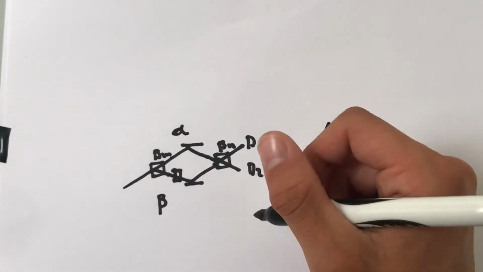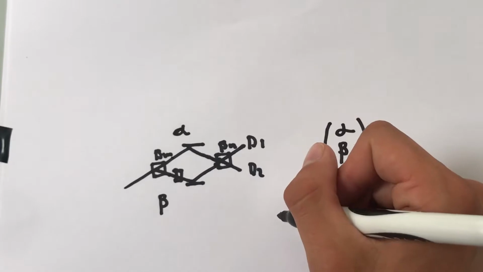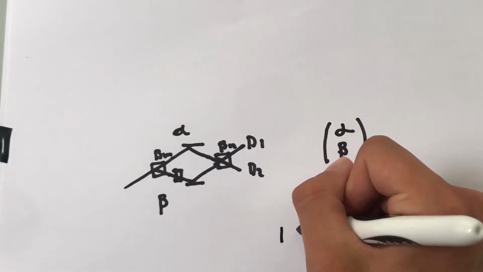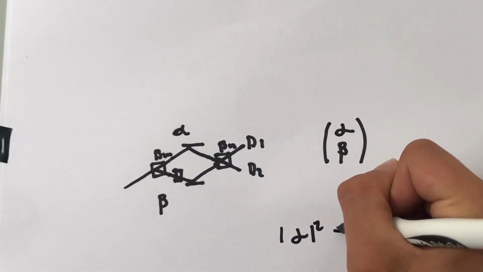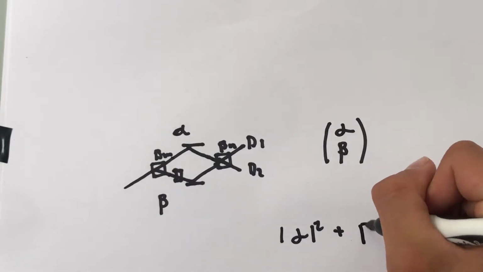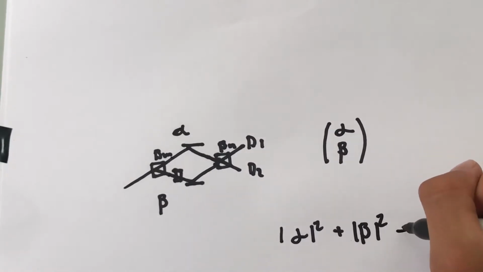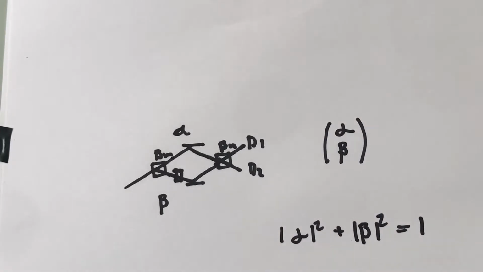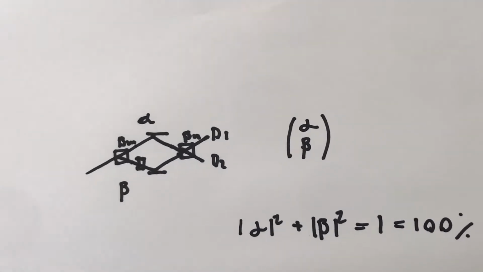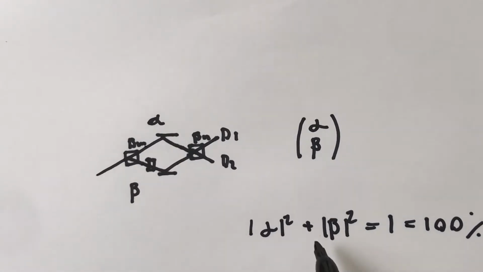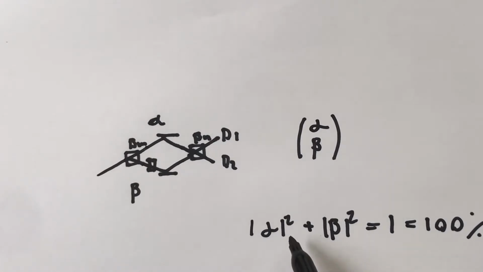So to find a probability, you need to take the norm squared of that. So alpha norm squared plus beta norm squared needs to be equal to 1 always, or 100%. So all the possibilities need to add up to 100%. If I were to locate the photon in every possible state, all those states combined always need to be 100% or 1.